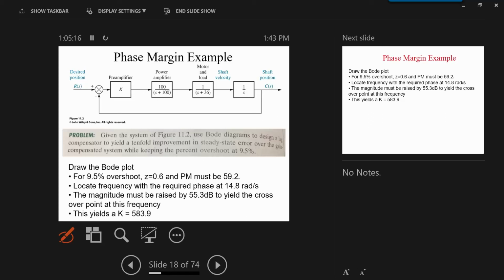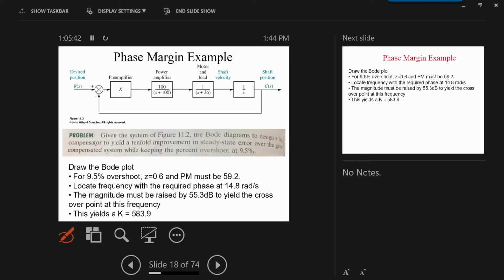If I want to basically make this over 100, we can write it in this form, and here this is 36, so this is 1 over 36.